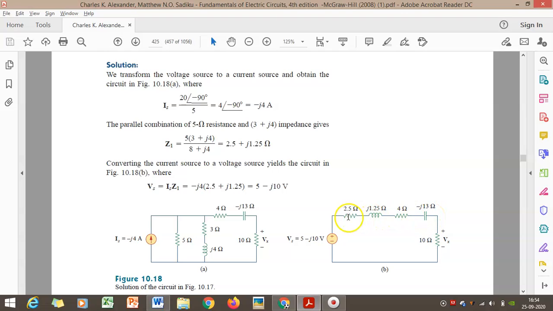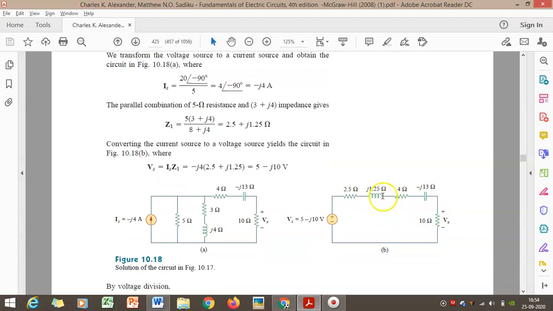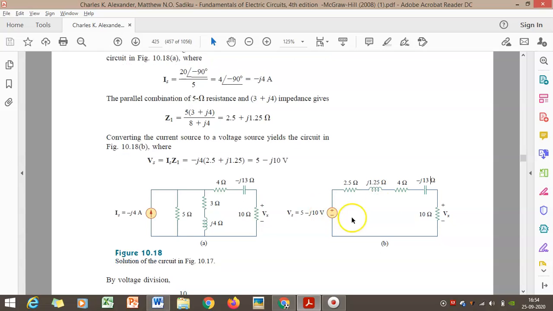The resistance, inductance, another resistance, and capacitance are combined together, and the 10 ohm stays separate. Combining them, we get 4 plus 2, which is 6 ohm, and j minus j13 plus j1.25, which becomes minus j11.75 ohm. This voltage is going to divide into one part for all these elements and another part for the 10 ohm.